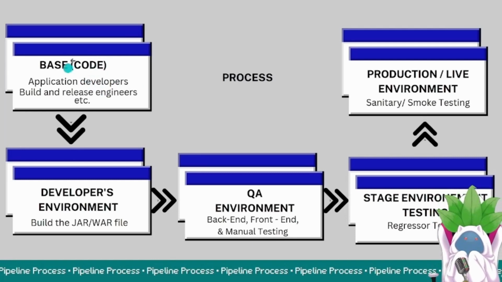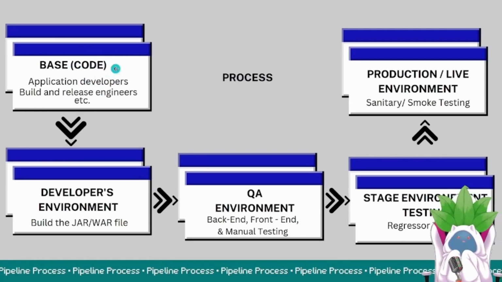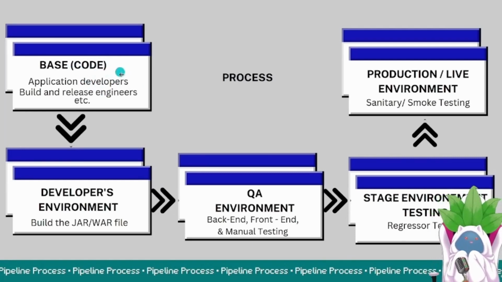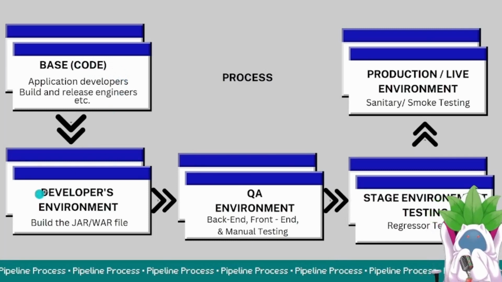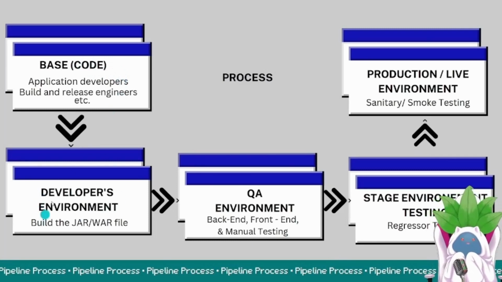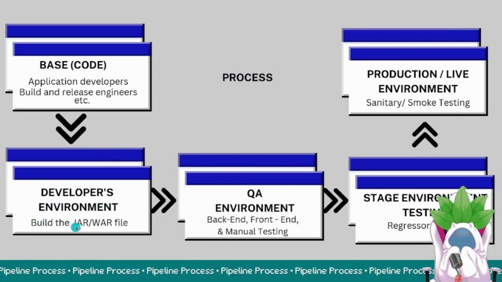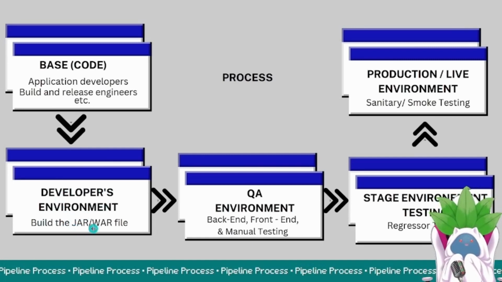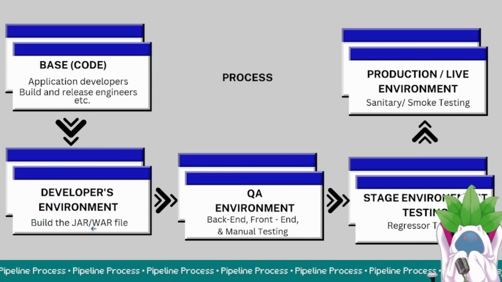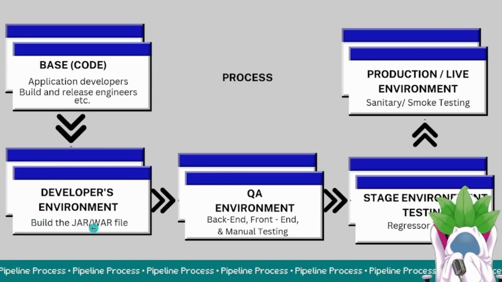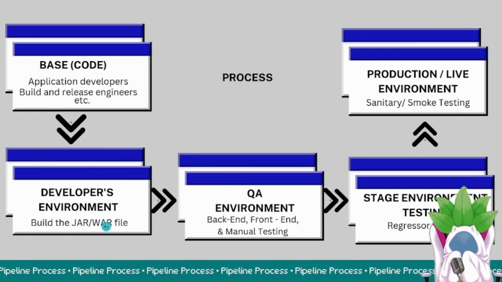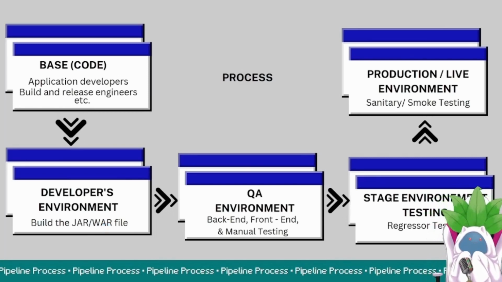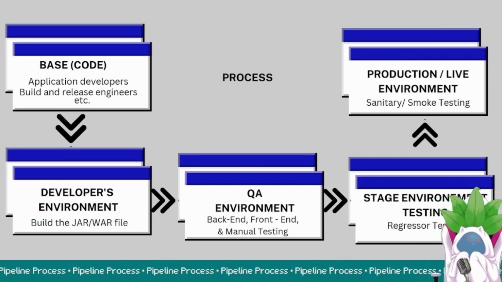They will build a feature regarding the ordering system. They will build here in the developer's environment, where a jar file and war file will be created. Jar files are files related to the backend. War files are the front-end files, the HTML, CSS, and so on.